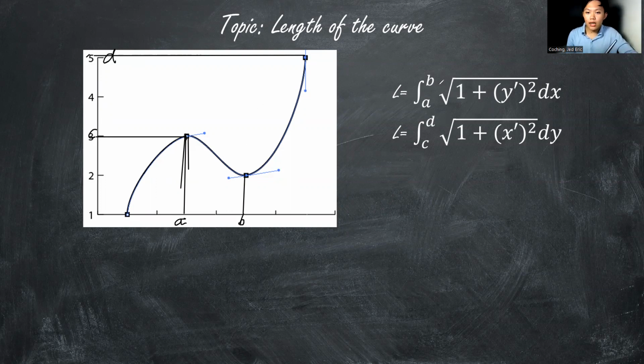If it's in the x-axis, you use this formula, which is the integral with the upper limit of b and lower limit of a of the square root of 1 plus the derivative of y squared over dx. If your limits are based on the y-axis, you're going to use D and C instead.